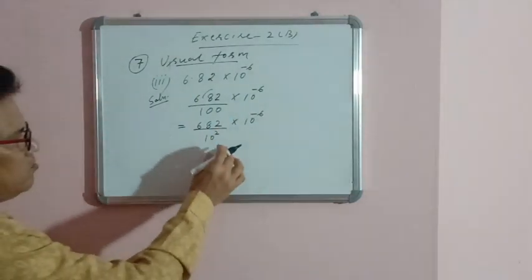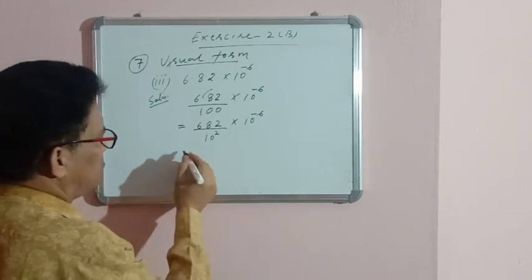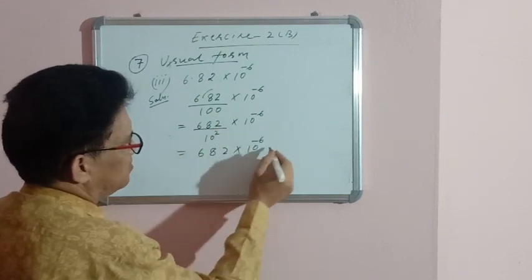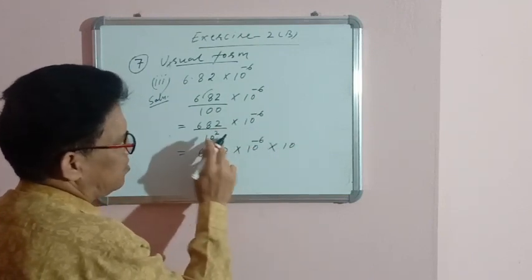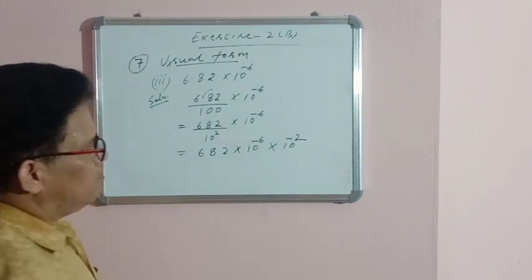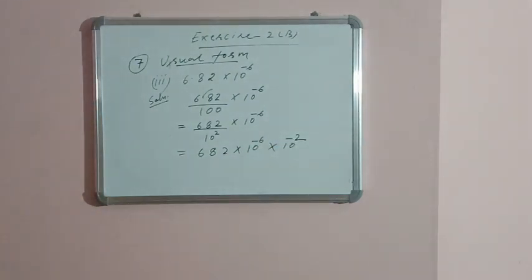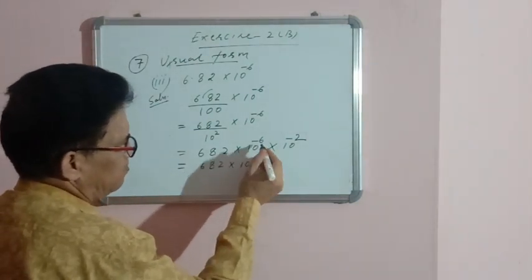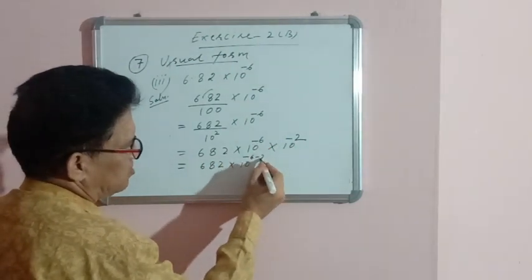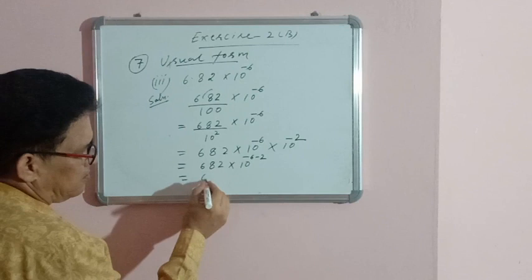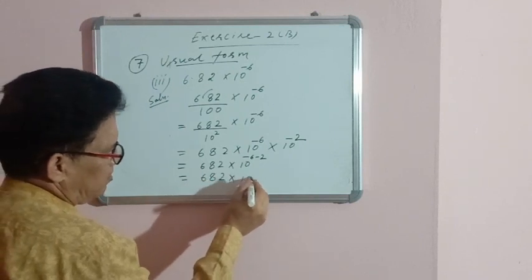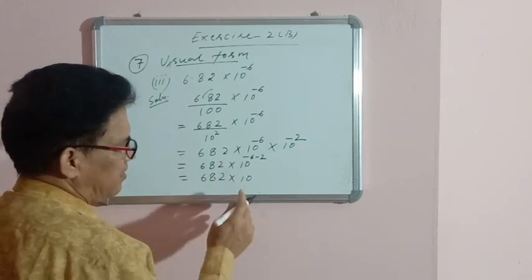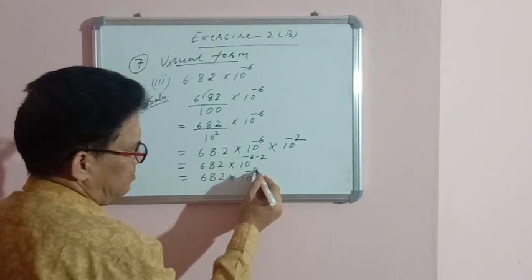Again, this will go to the numerator, and the sign will change. 682 into 10 power minus 6, and 10 power plus 2 becomes minus 2 when it goes to the numerator. So 682 into 10 power minus 6 minus 2. The exponents add together and the sign remains negative, so minus 6 minus 2 is minus 8.